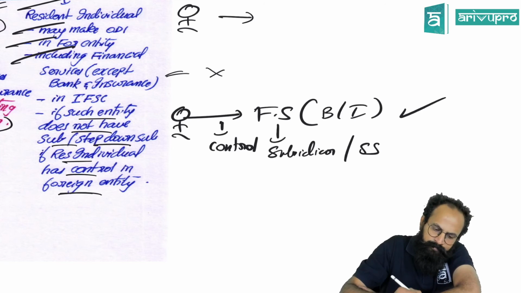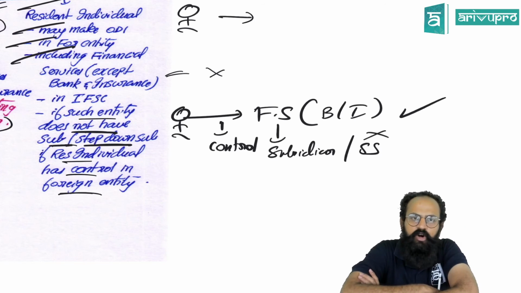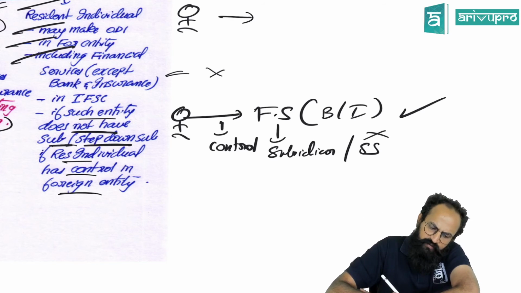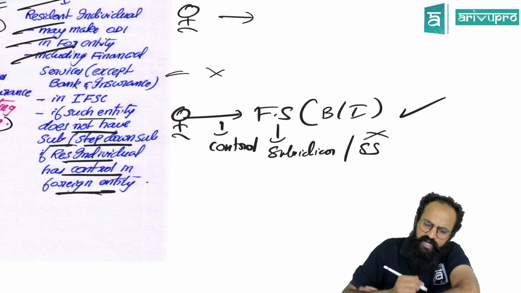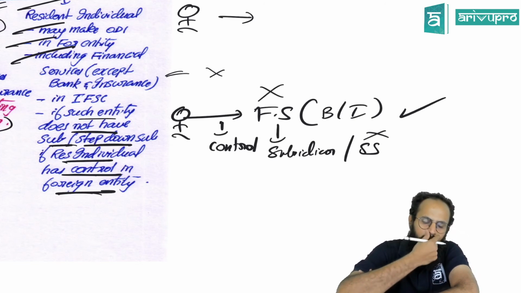Again, I repeat, people, I can invest if such entity does not have a subsidiary or step-down subsidiary. If it has, I cannot invest. If the resident individual has control in the foreign entity, then, people, also I cannot invest. Getting the point? Okay.